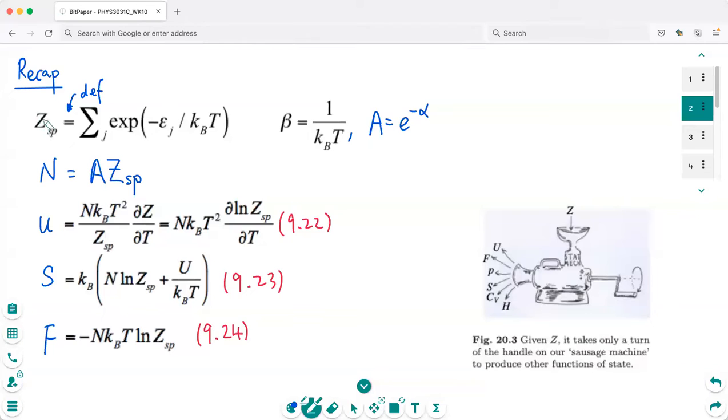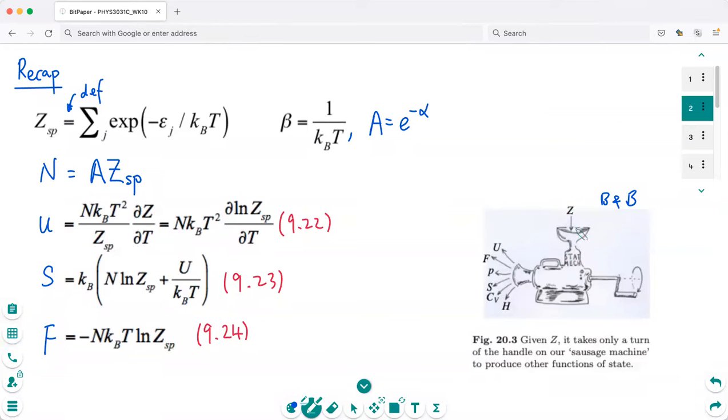If you know how to write down the single particle partition function for your problem, you know everything about your thermodynamic system. This picture from Blundell and Blundell, B&B, really shows you why. This is the grand idea.